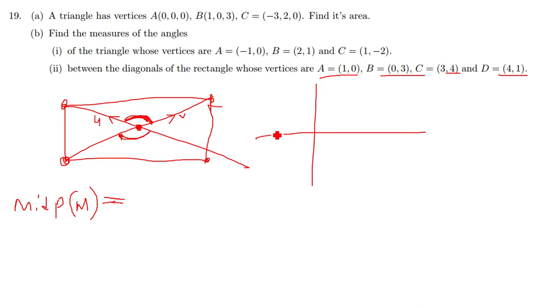So you have u cross v is equal to the magnitude of u times the magnitude of v, and then sine theta. And then you make your theta the subject. So the theta that you are going to find is just this angle there. And this angle is equal to that angle. So once you find this angle, it means that you've also found this angle.